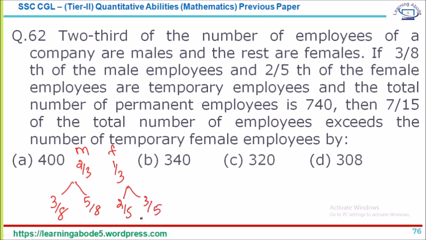Now the total number of permanent employees is 740. Then 7/15 of the total number of employees exceeds the number of temporary female employees by what number? So let us find this out.